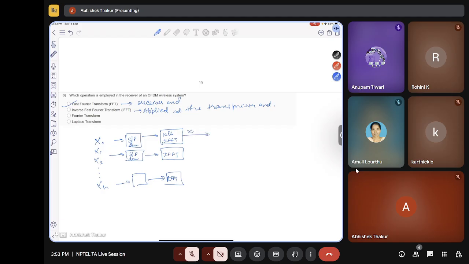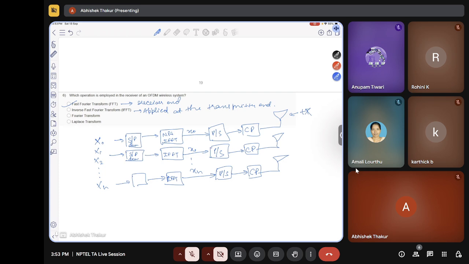So now here we receive small x0, x1 dot dot dot xn. Now again parallel to serial multiplexing, and then a cyclic prefix is added, and then it is transmitted. Okay, TX. So this is the OFDM transmitter diagram.